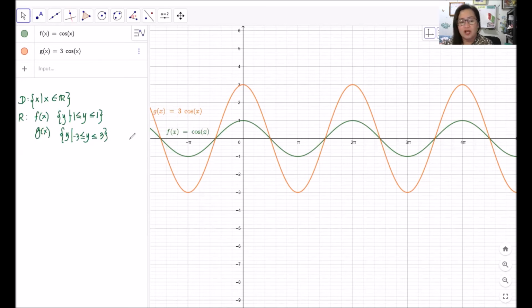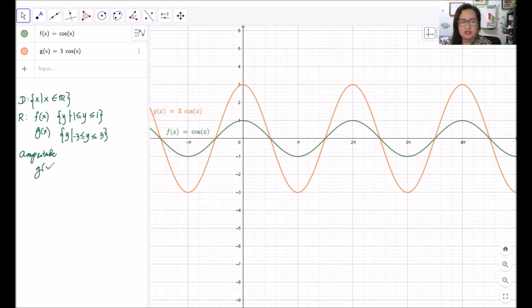It also follows that the amplitude of g of x is different from f of x. So if we get the amplitude algebraically, we know that in cosine x, we have 1 for the amplitude.